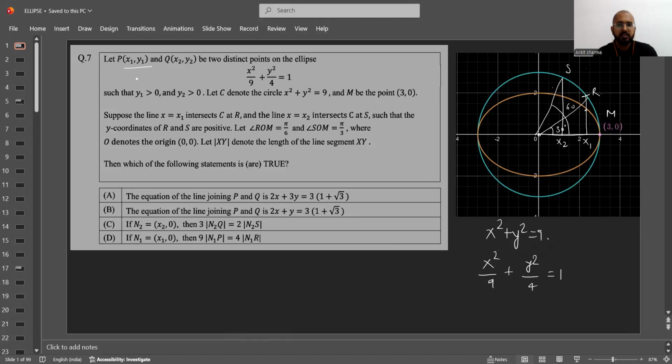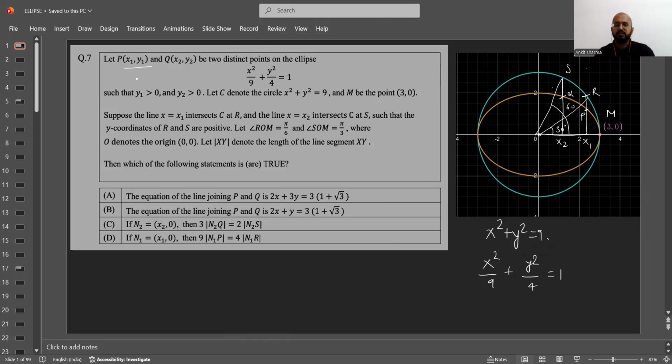There is no other mention. So now we can go ahead. We can take this point to be P, and we can take this point to be Q. So basically they want the equation of the line joining P and Q, so it does not matter where P and Q are. We just want two distinct points on the ellipse.